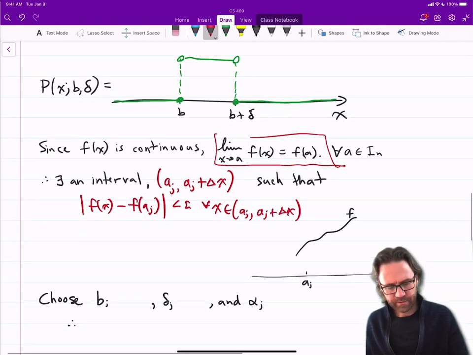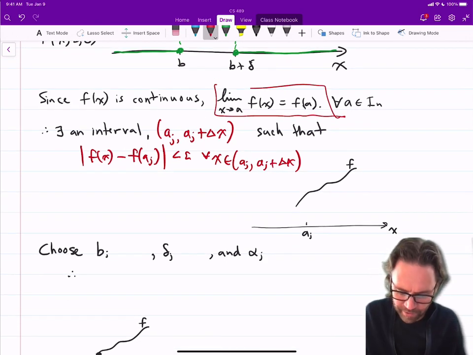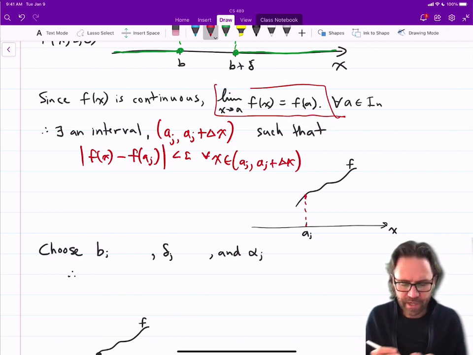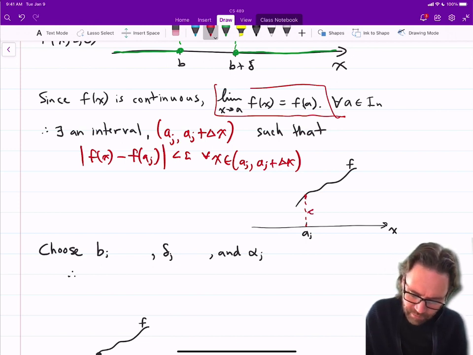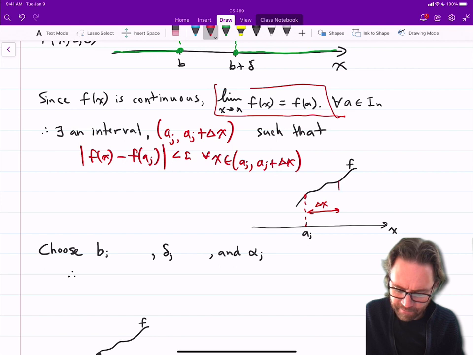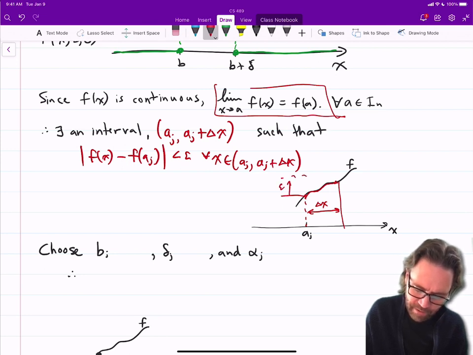So now in a picture, we're starting things at a_j. Here we are, and we've got this function value here. I'm saying that there is an interval, which I'll call delta x, such that all the f values in that interval are within epsilon of this level here. If I go up an epsilon, I get this level, and if I go down an epsilon, I get this level.